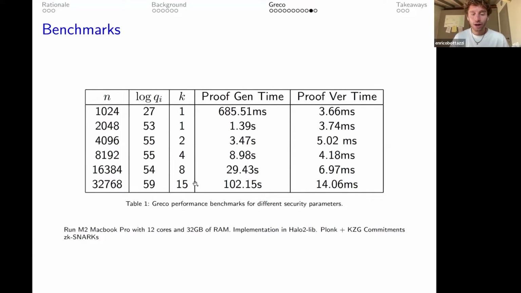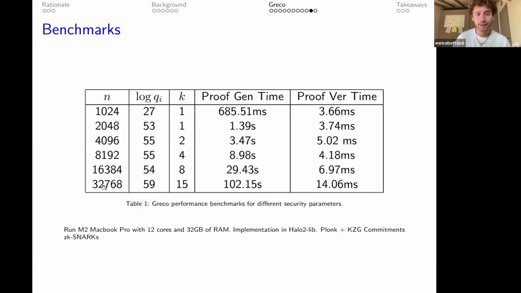And I also want to mention that the K here indicates the number of ciphertexts. 15 basically means that there are 15 CRT decompositions of the ciphertext in the ring R_q.